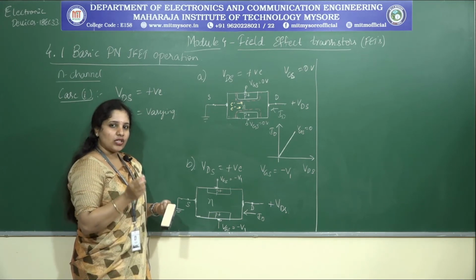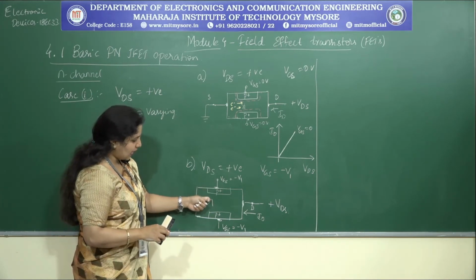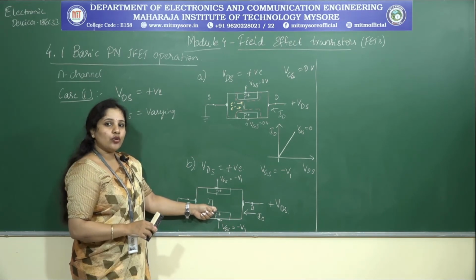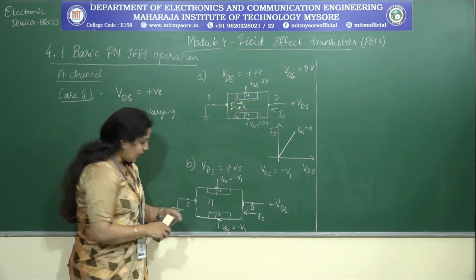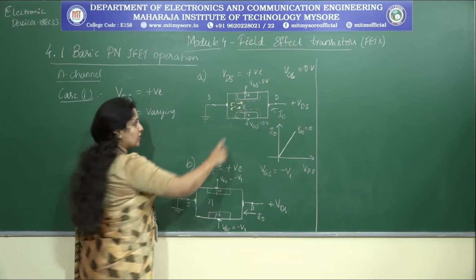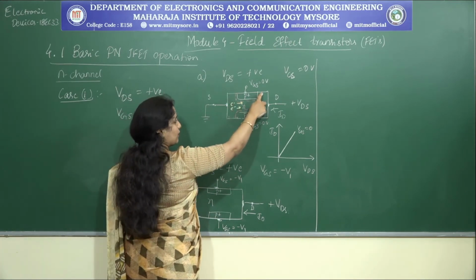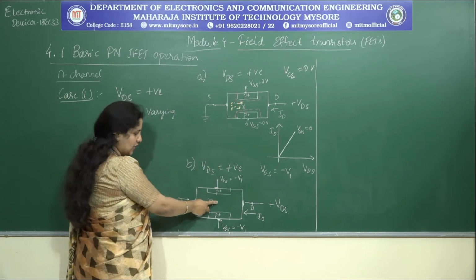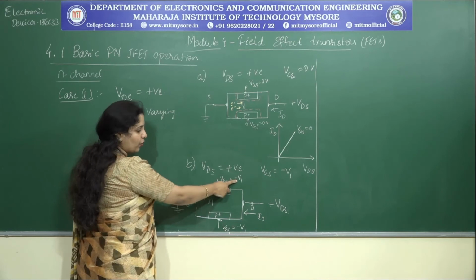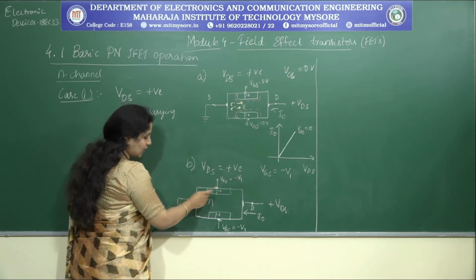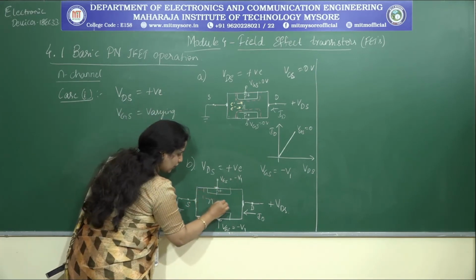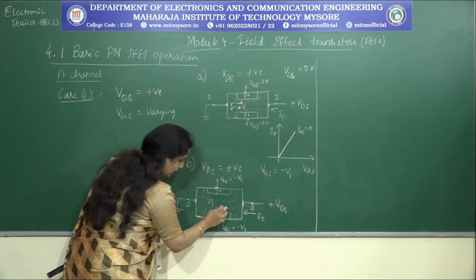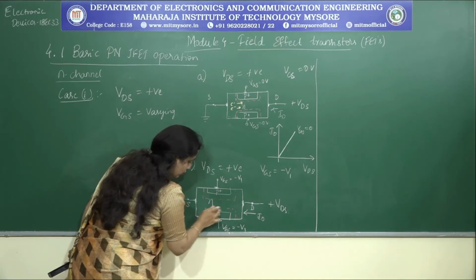The space charge region that exists between the P plus and the N tends to expand, and that is what I'll be trying to represent. See here, the depletion region that I've considered here has to be small in size compared to this case, because here I'm providing a negative potential, as a result of which the depletion region tends to widen across both the sides.